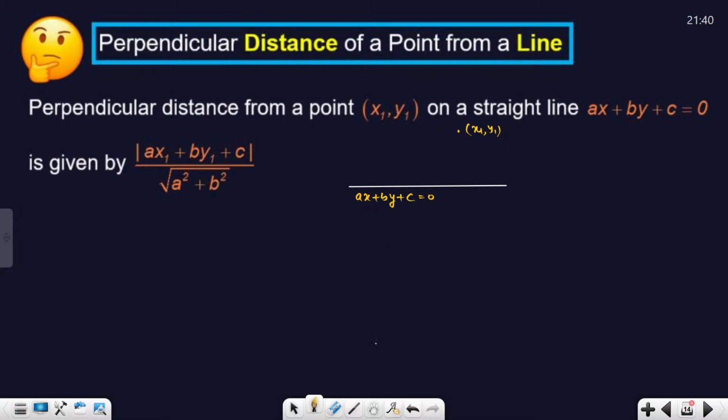Now I'm simply drawing a perpendicular from this point on the given line.